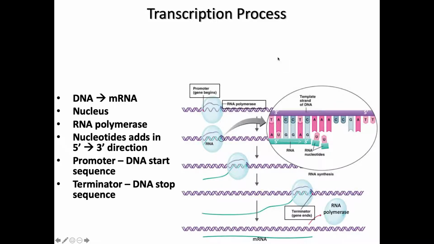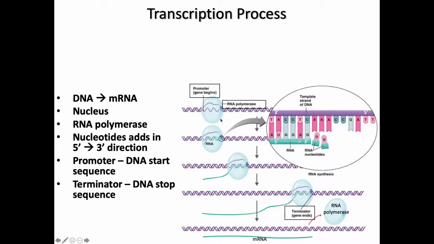Okay, so the next process that we're going to talk about is called transcription. Transcription is how we go from the DNA, converted into a similar language, that mRNA, messenger RNA. And we just stated that it happens in the nucleus.